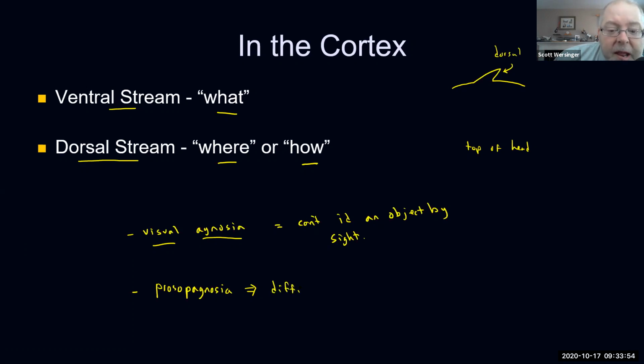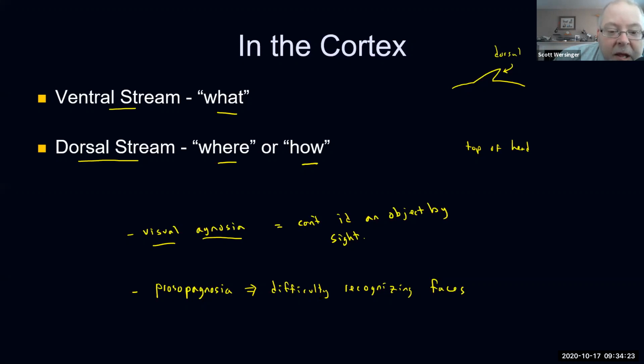This is where a person has difficulty recognizing faces. So you can show a person a face and they are unable to identify even if it's somebody they know. And there's different degrees of prosopagnosia. Some people just have difficulty doing it. Some people are unable to do it, right? So it's kind of a continuum.